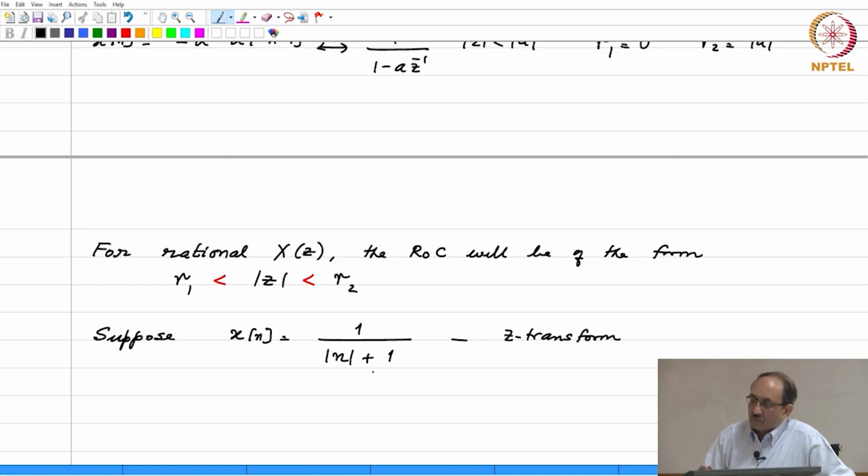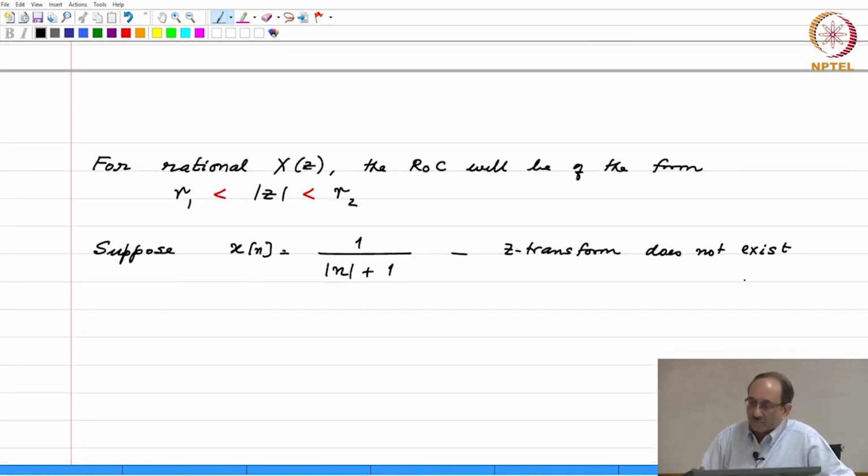We will look at similar examples later very soon, and maybe you will see the reasoning that we are going to make in those cases will apply here also. No, that is not right. So here the Z transform does not exist. We will make a remark later about sequences like this.